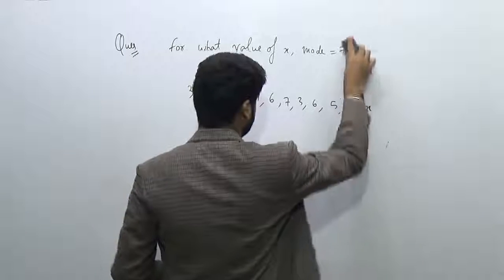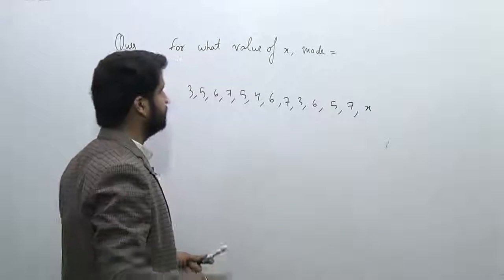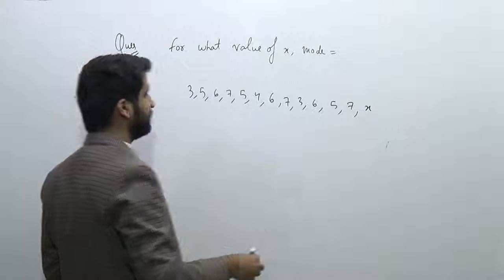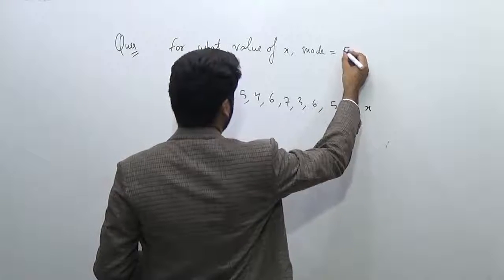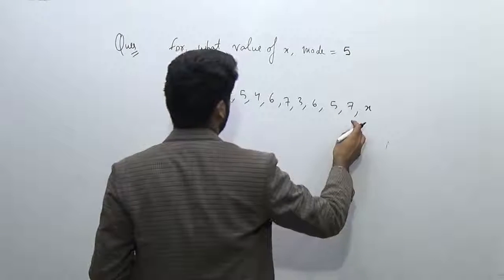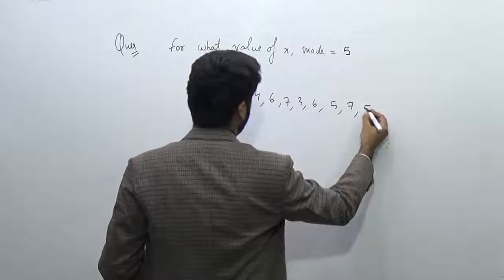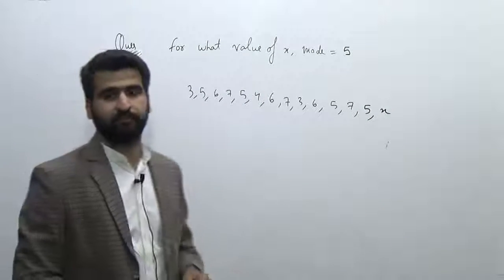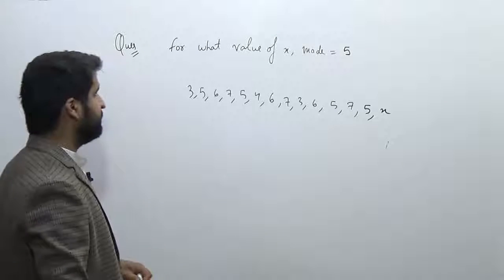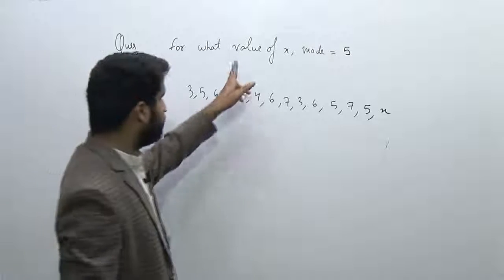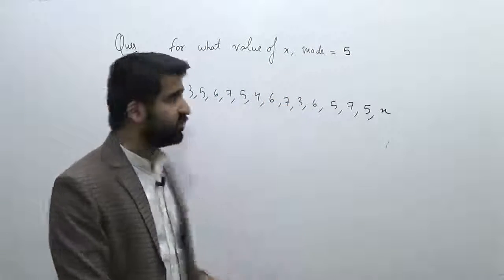Just tell me, if the value of mode is equal to, let's suppose I'm going to write 5 over here, and I'm putting more 5s over here. Can you tell me what is the possible value of x over here? You have to find the value of x when the mode is equal to 5.